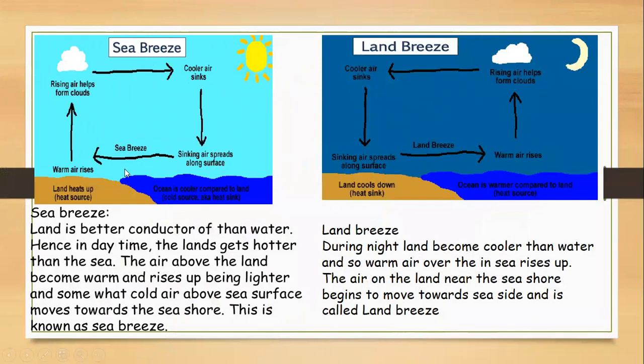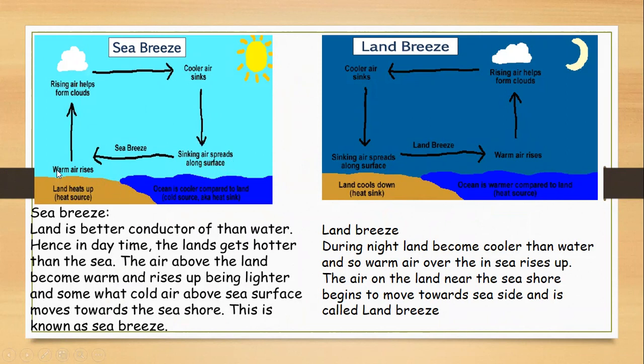Now, another example we can observe in daily life is the sea breeze and the land breeze. So, what happens in the sea breeze? The land warms very quickly. It has a lower specific heat capacity than water, so it heats up very quickly. So the air above the land is warmer, and warmer air is less dense. It rises up, and when it rises up, the air above the sea, which is less warm than the land, is more dense.